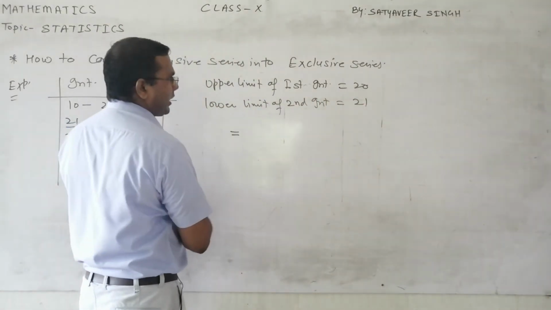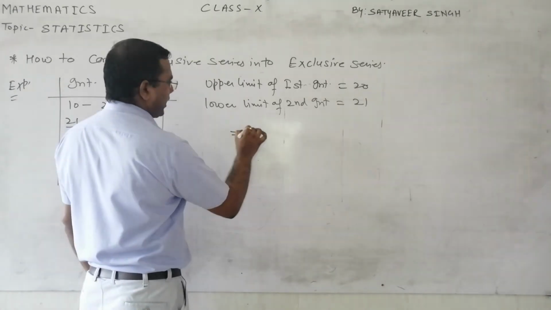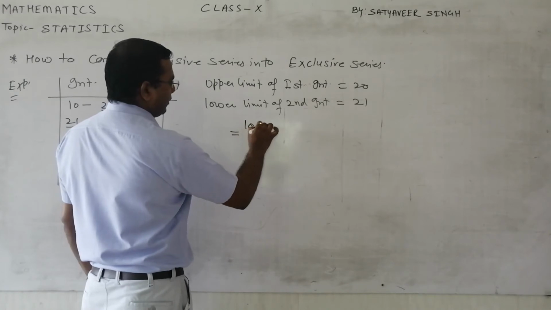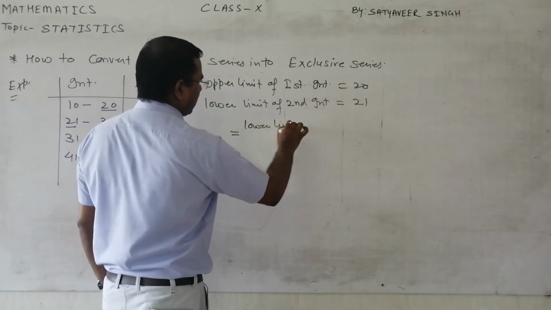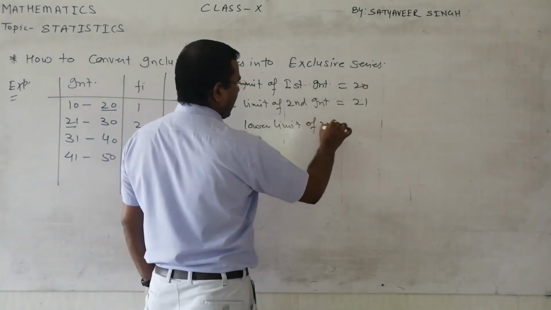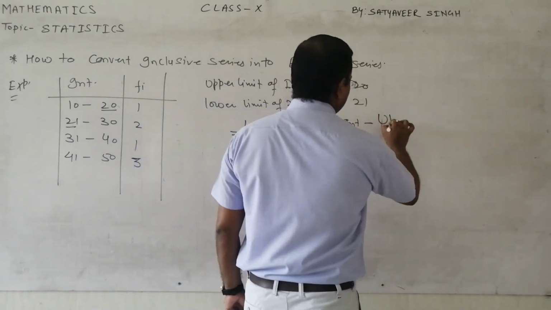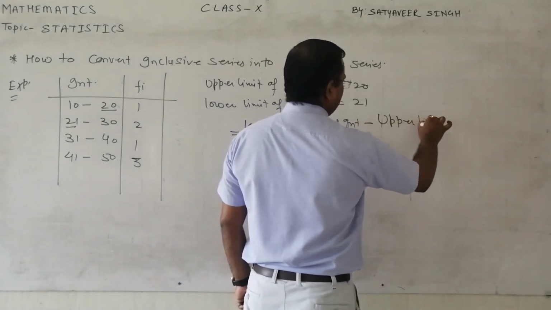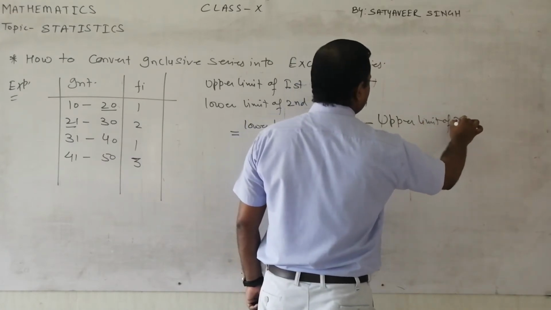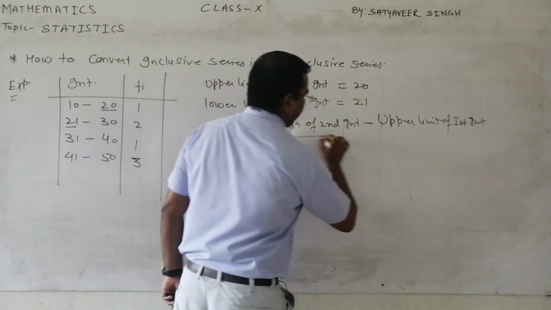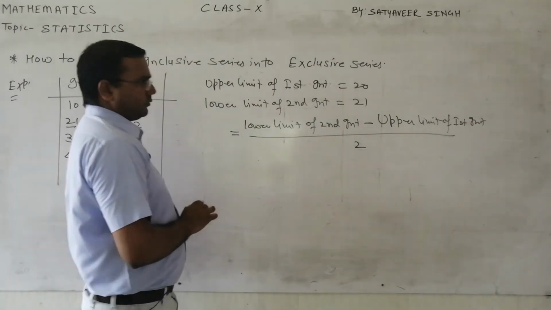So student, the formula we are deriving from here, you find out this: lower limit of second interval minus upper limit of first interval and divide by 2.